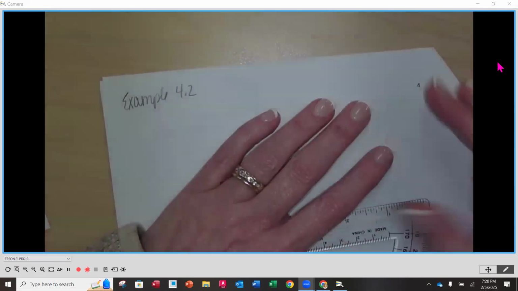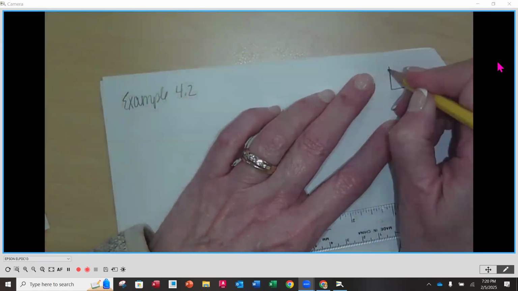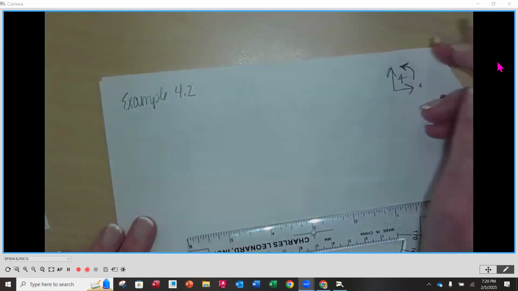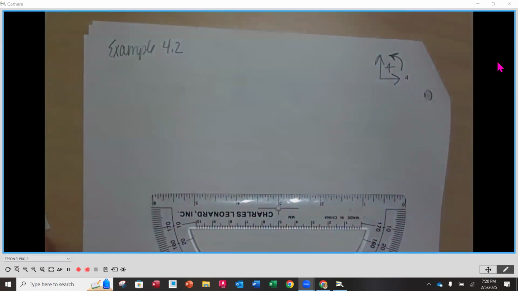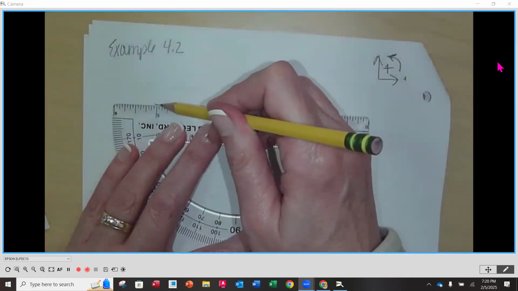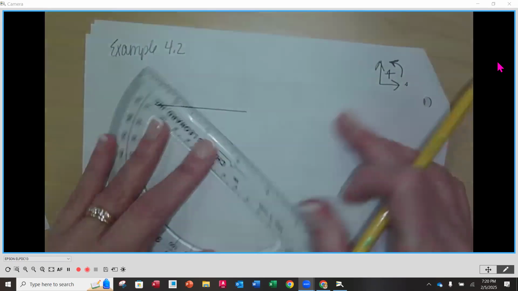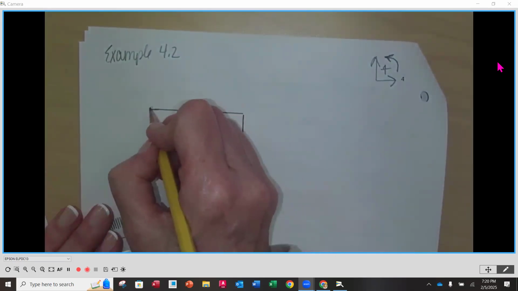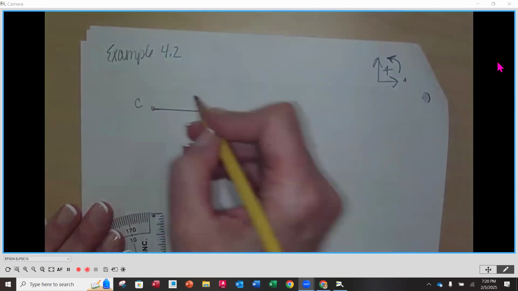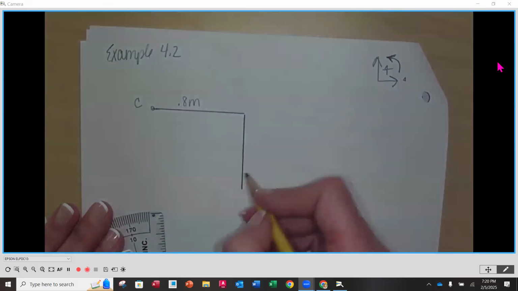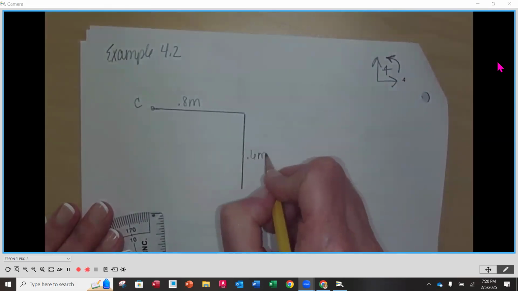I'm going to put my convention in my upper right-hand corner so I know exactly what's positive. Don't forget to add the rotation because we're going to see moments here. And then I am going to draw my bracket. So free body diagram of the bracket. Going like this. This is going to be my point C. This is 0.8 meters. This is a little shorter, 0.6 meters.